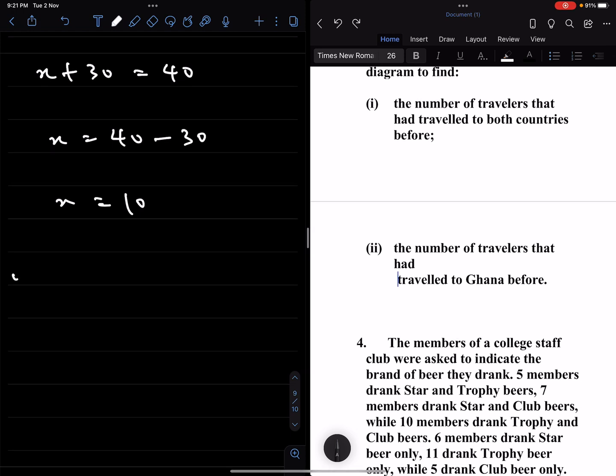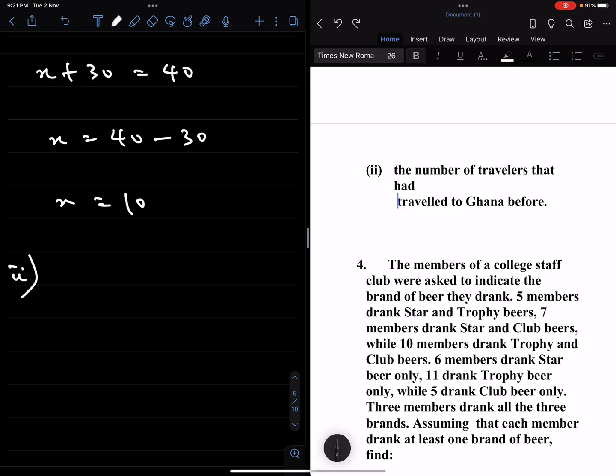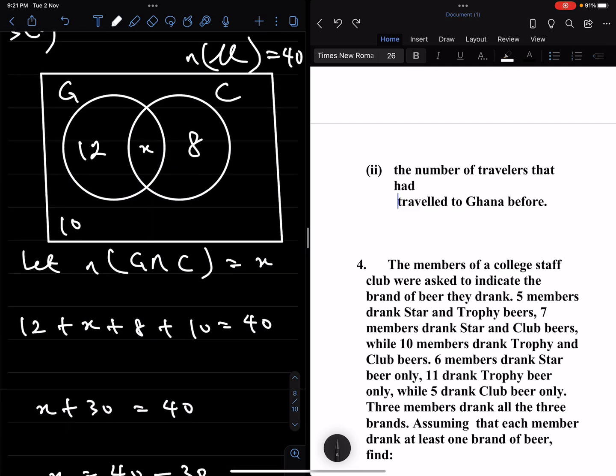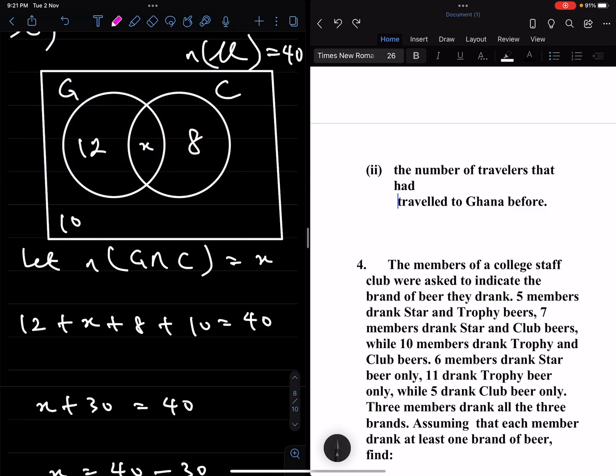Now, Roman figure 2 says the number of travelers that had traveled to Ghana before. Those that had traveled to Ghana before will be all the people inside this set, which represents people who have gone to Ghana. So whether it was only Ghana they went, or they went to both Ghana and Cameroon, they are going to be in this set.